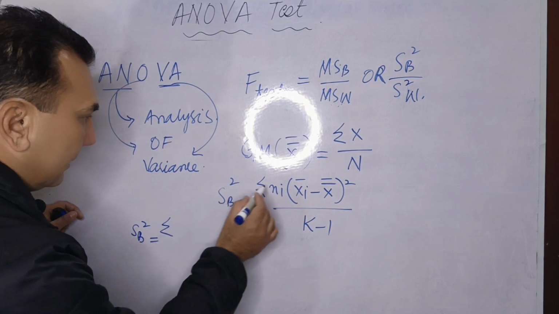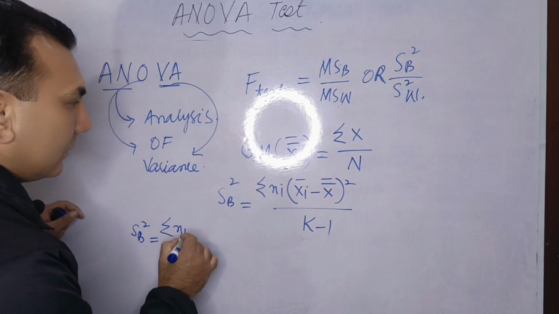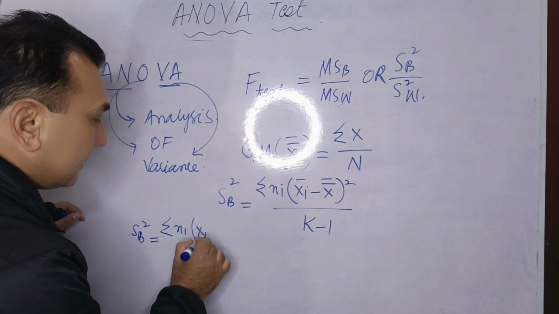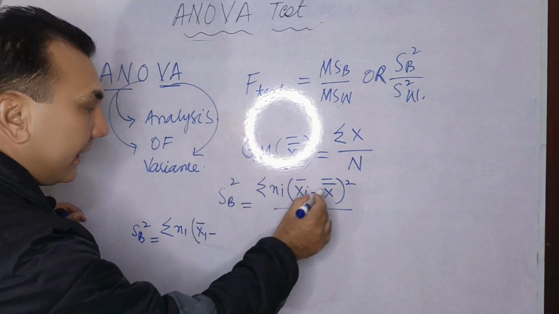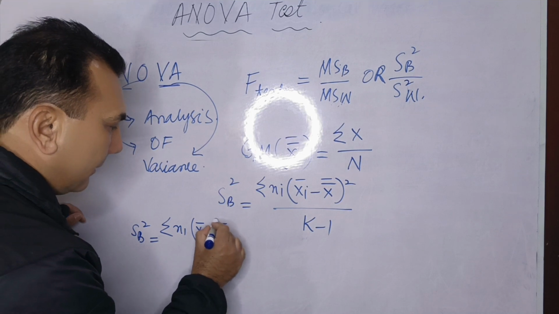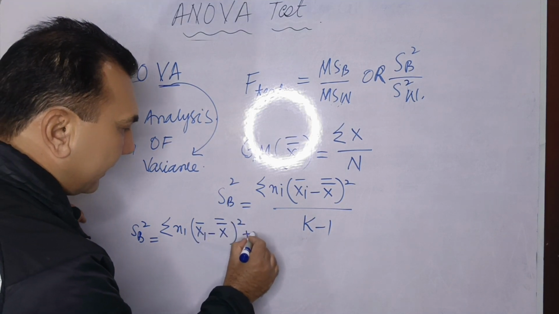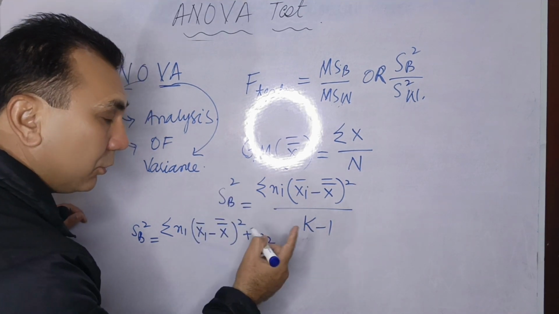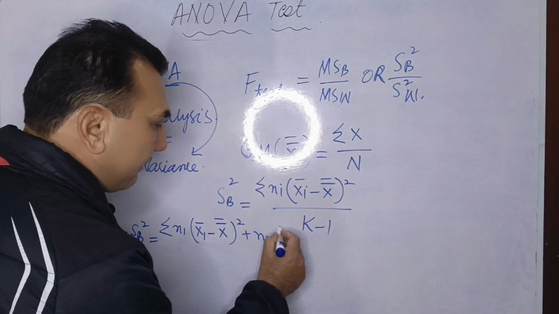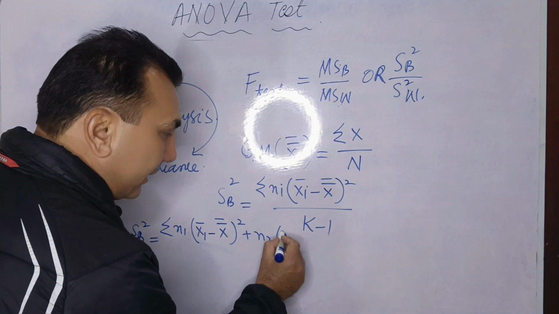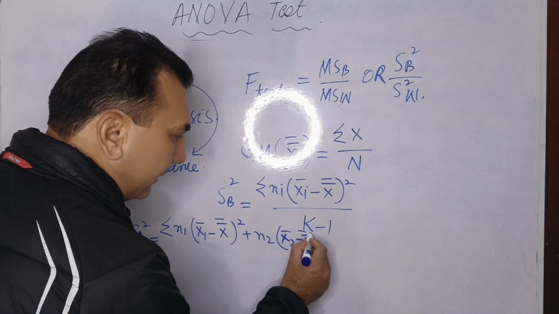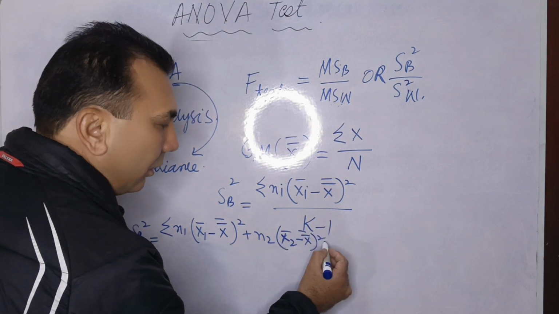Suppose n1, the mean of the first sample x1, then we will minus the grand mean from the first sample mean, and then square it. Then again n2, the number in the second group, the sample mean of the second group, then minus the grand mean and square it.